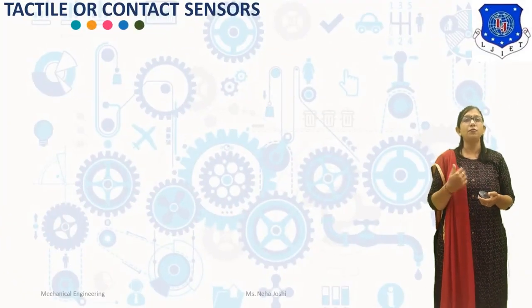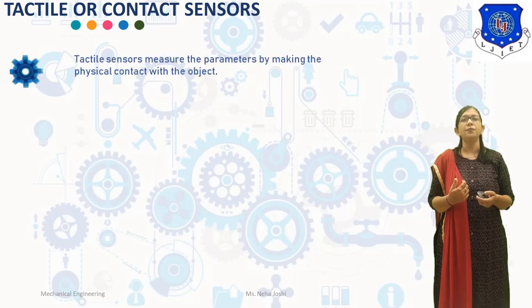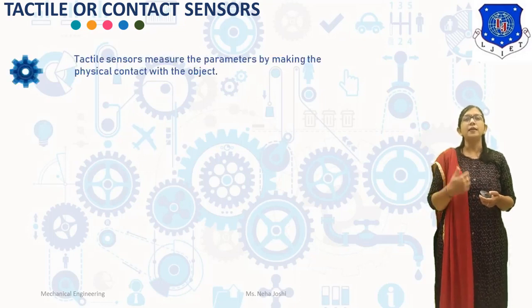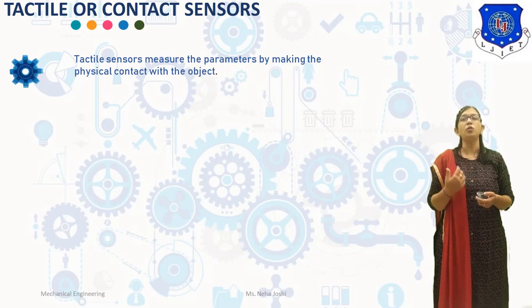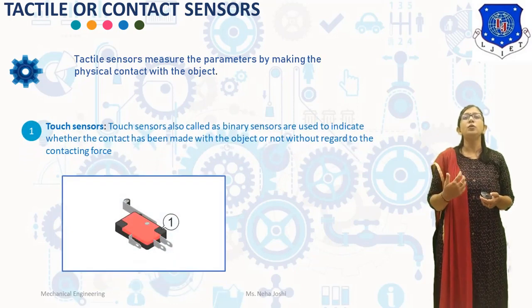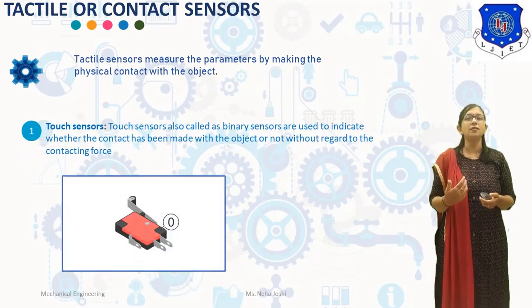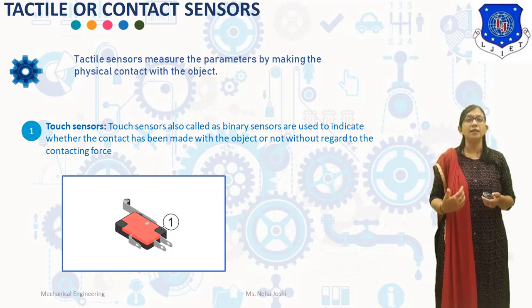Now, first of all, we will discuss the tactile or contact sensors. The tactile sensor measures parameters by making physical contact with the object. As we discussed earlier, contact sensors are divided into three categories: touch sensors, force sensors, and position and displacement sensors.